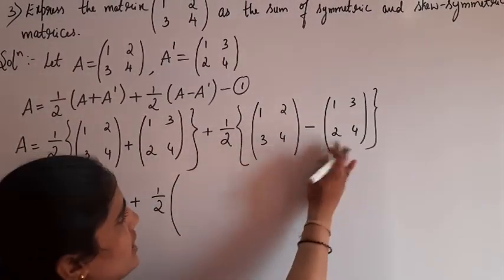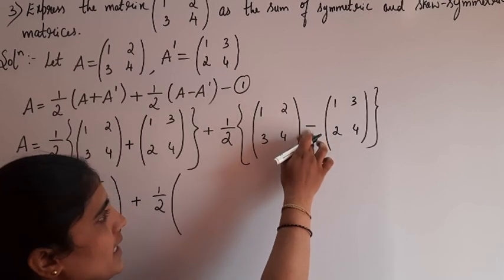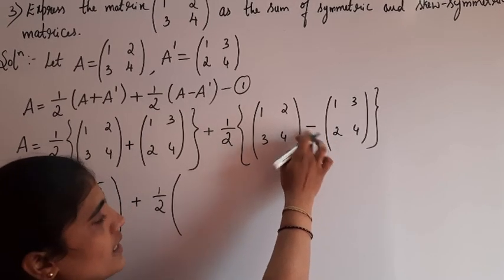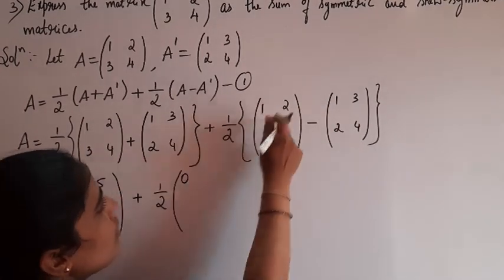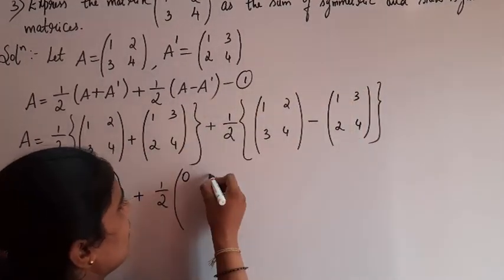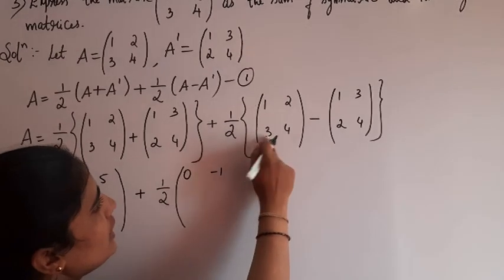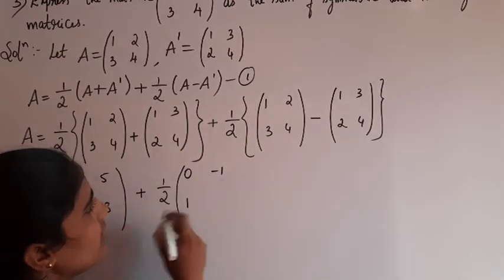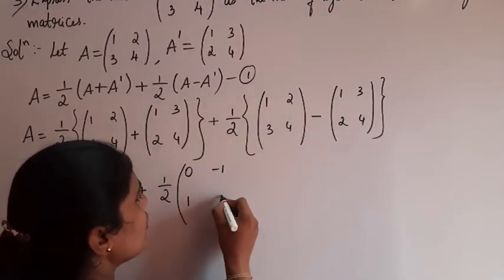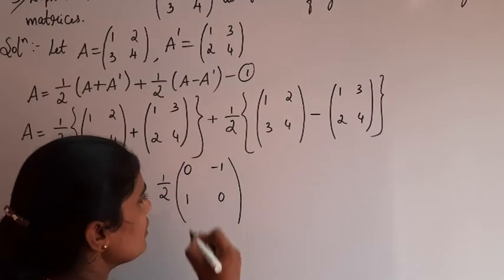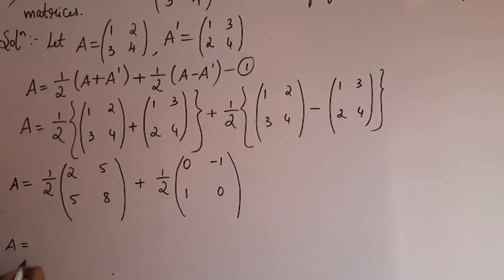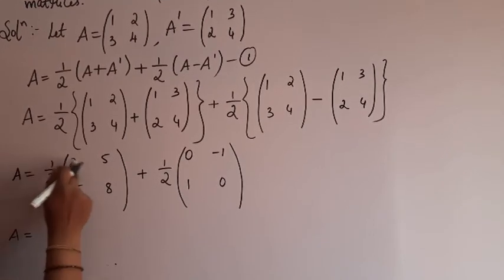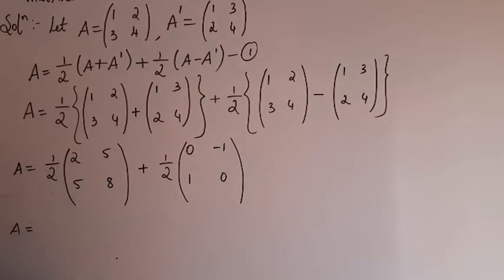In between these two matrices there is a minus sign. Therefore subtract their corresponding elements. 1 minus 1 is 0. 2 minus 3 is minus 1. 3 minus 2 is 1. 4 minus 4 is 0. Okay. So here matrix A equals, multiply this 1 by 2 inside the matrix for each element.